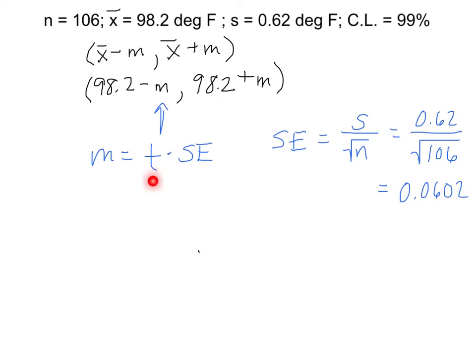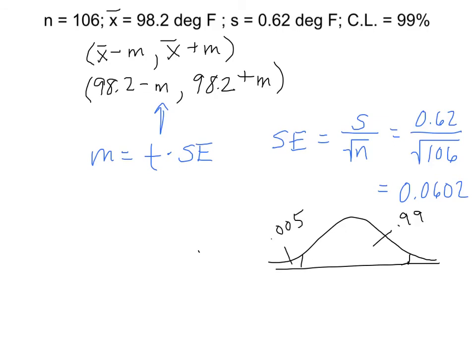So to find the t-score, that's our critical value that we were doing earlier. So we know that we've got a bell-shaped curve. We've got 99% in the middle, and that means there's 0.005 on the left tail, and my t-value is right here on the border.